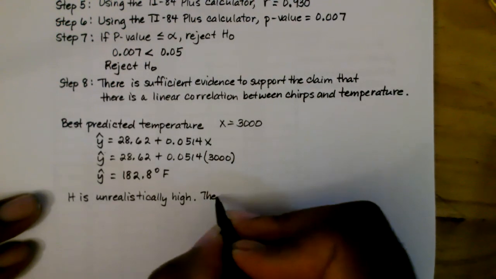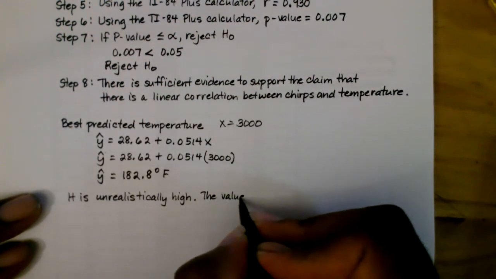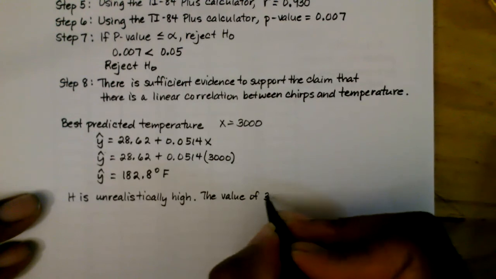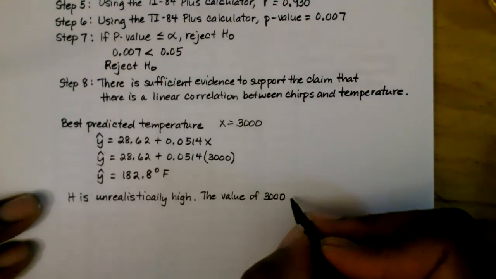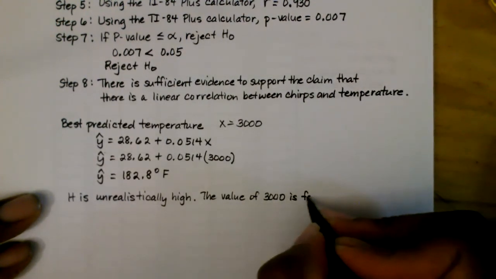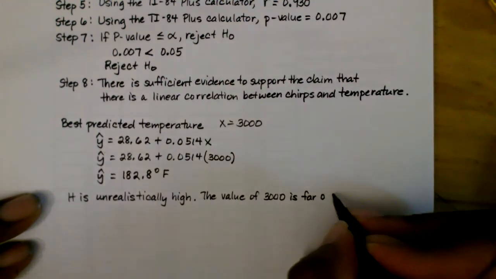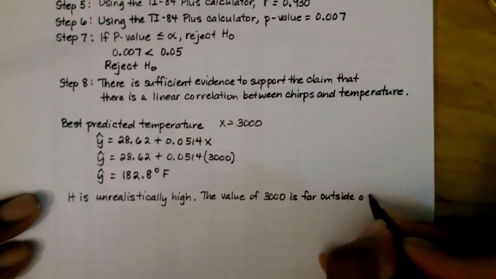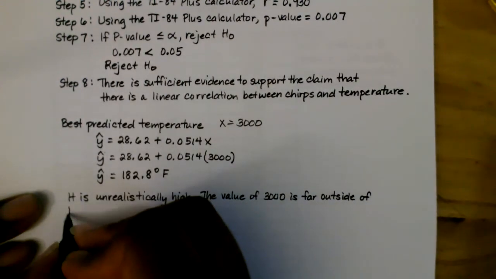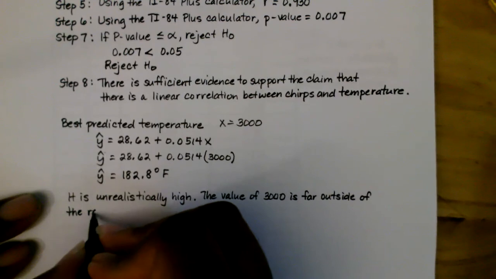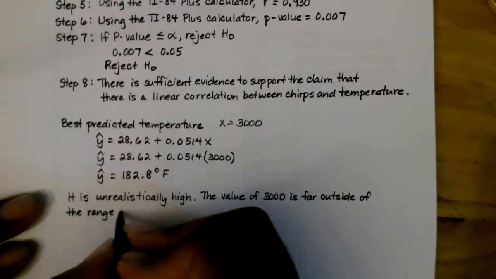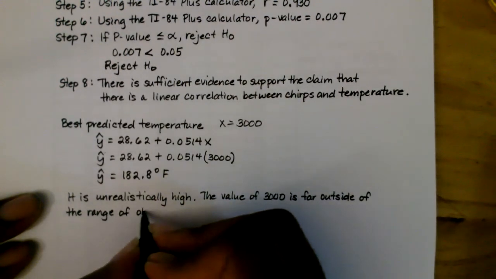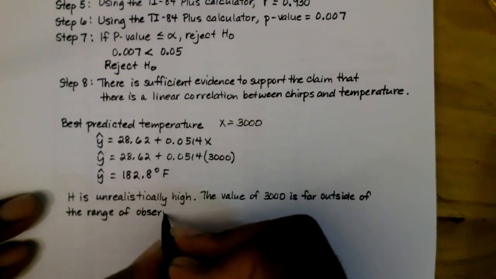Here, the value of 3,000 is far outside of the range of observed values.